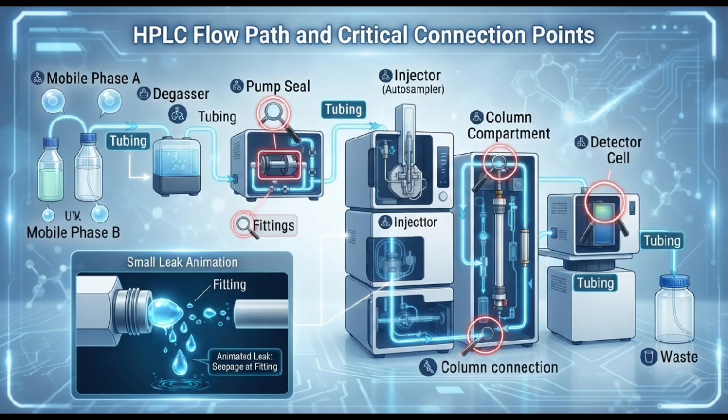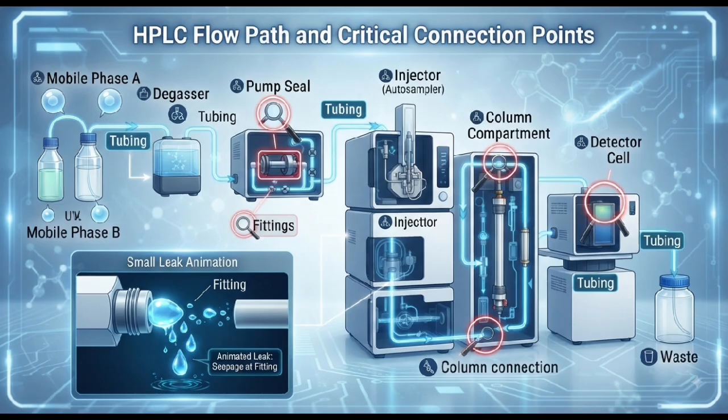Pressure and leak check. Before and during calibration, the HPLC should also be checked for leaks and abnormal pressure behavior. Potential leak locations include pump connections, tube fittings, injector connections, column fittings, and detector flow cells.